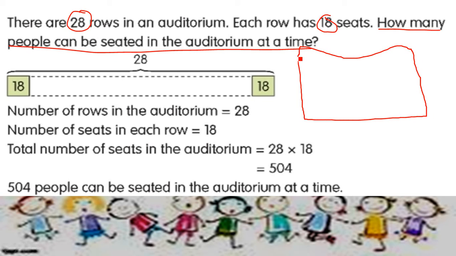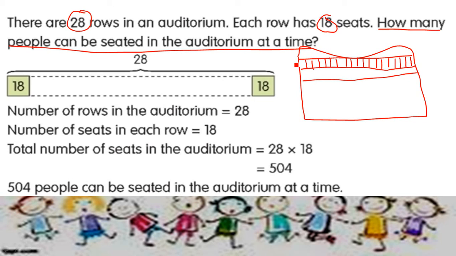We can show it like this, that there are 28 rows and each row has 18 seats. 1, 2, 3, 4, 5, 6, 7, 8, 9, 10, 11, 12, 13, 14, 15, 16, 17, 18.